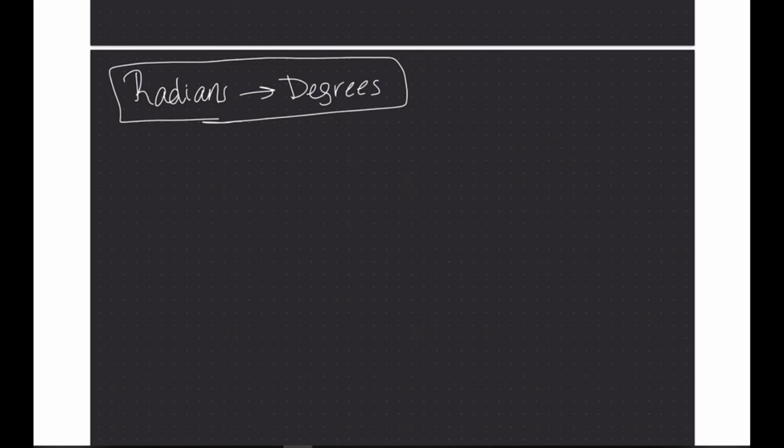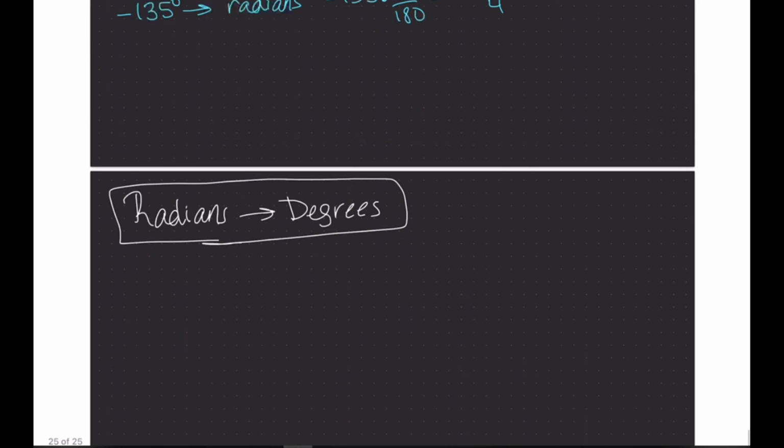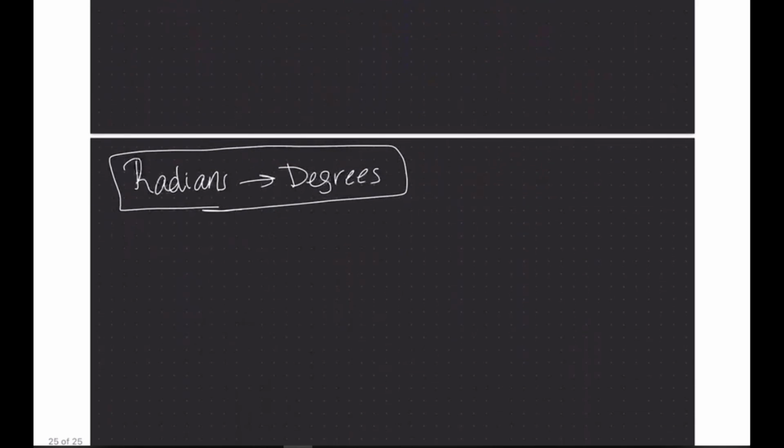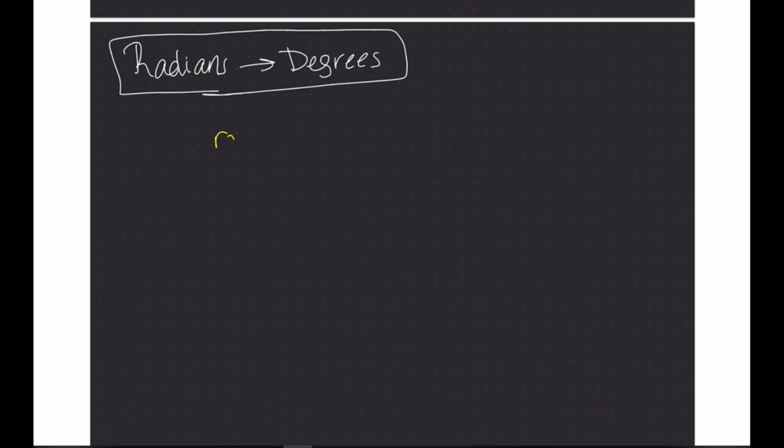So now with us switching it, they're going to give us the radian. And it's just the opposite. So it was pi over 180. So now it's going to be 180 over pi. And that's going to give us our degree measurement.